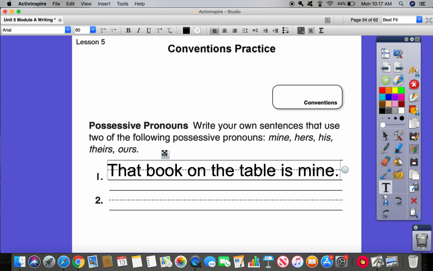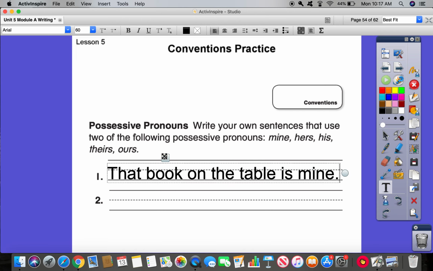That book on the table is mine. Okay, to show ownership, the book that is on the table belongs to me. It is mine. So then you're going to write a second sentence using another possessive pronoun.